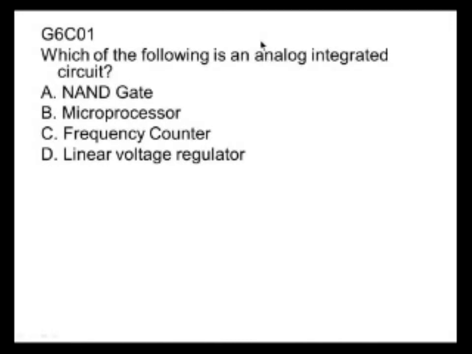Now, analog has a variety of different voltages. The digital circuits are either 0 or 1 voltage state. The analogs have a range of voltage, and a linear voltage regulator, a linear device, is an analog device. All of these others are digital integrated circuits. The linear voltage regulator is an analog integrated circuit.